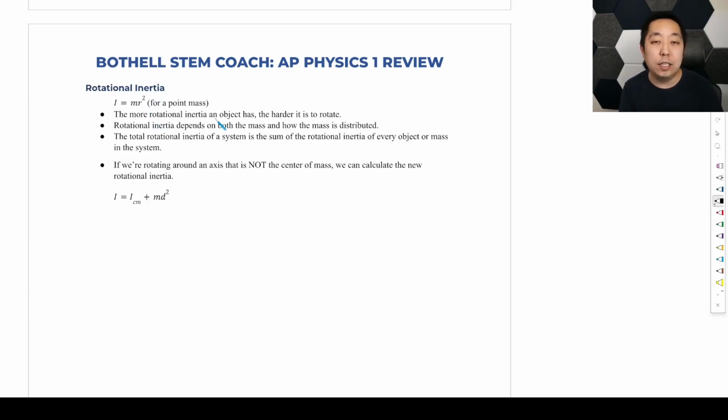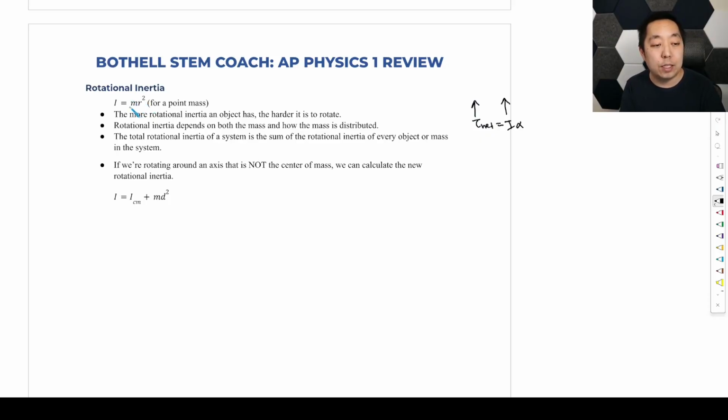The whole idea, intuitive reasoning of rotational inertia is the harder it is to rotate, the more rotational inertia it is. So if you look at your net torque equals I alpha equation, if something has a larger I, then for the same torque, you're going to have a smaller angular acceleration. That's one way to look at it. Or it requires a larger torque also to give you the same angular acceleration. Again, more difficult to rotate.